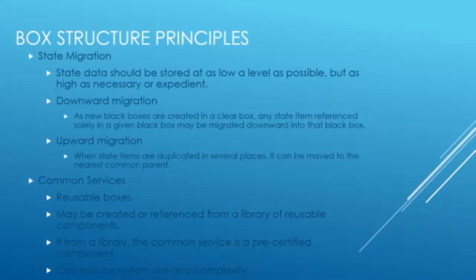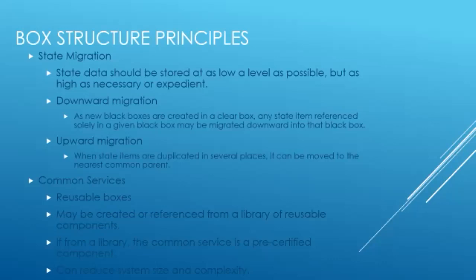As new black boxes are created in a clear box, any state item referenced solely in a given black box may be migrated downward into that black box. In upward migration, when state items are duplicated in several places, they can be moved to the nearest common parent.